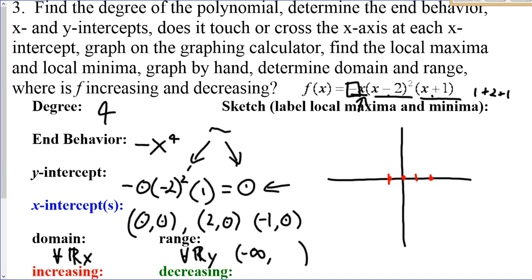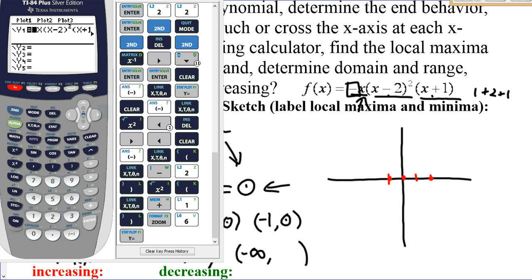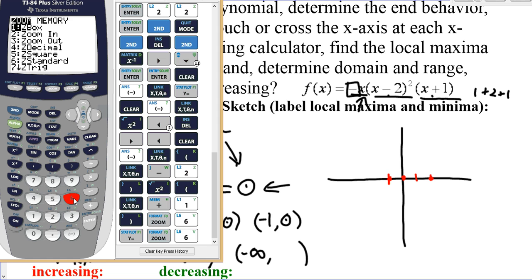So I need to be able to find my maximum. I'm going to use my graphing calculator. So I go ahead and put the function into my y equals, and I do a zoom 6 to get the standard window, and I get this graph. Okay, it should make sense here at 1. From here, it's a multiplicity of 1, so it goes through. And then at 0, it's a multiplicity of 1, so it goes through.